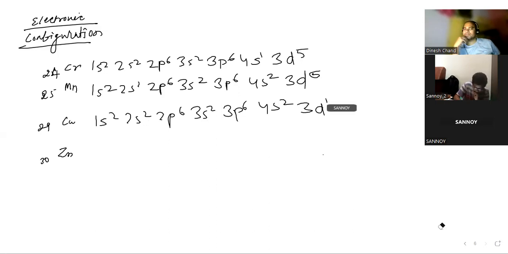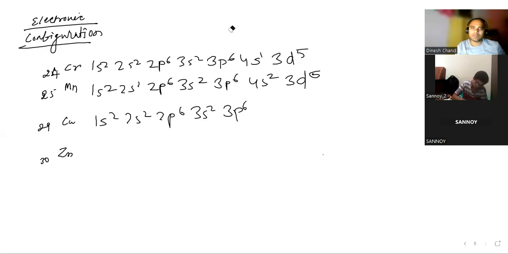This becomes wrong. Sir, which one? Copper one. For copper, what rule are you going to follow? Stability rule. For copper also some other configuration was there.